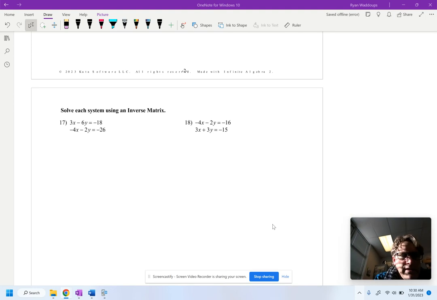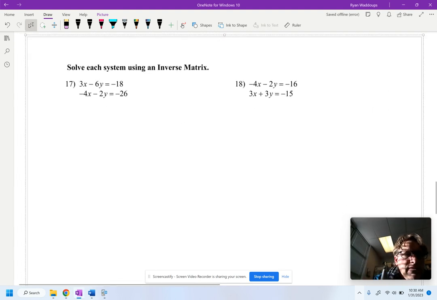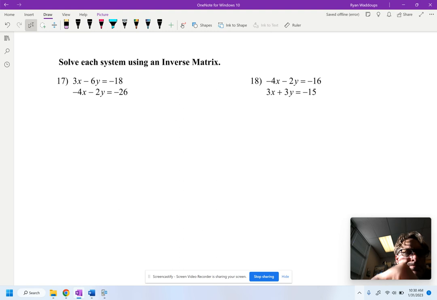Number 7 and 18 ask us to solve this system by using an inverse matrix. So we need to first find the inverse. Let's first make the augmented matrices. We'll call A our coefficient matrix here, 3, -6, -4, and -2.